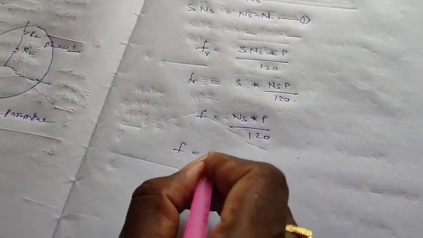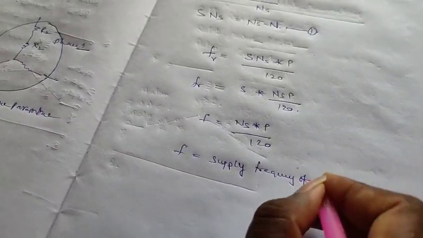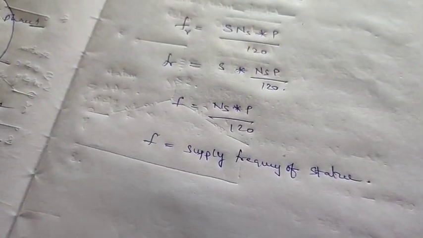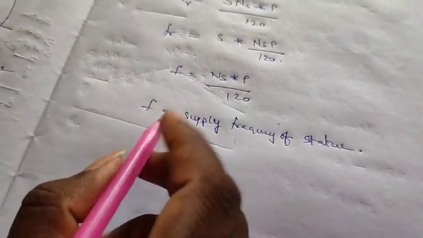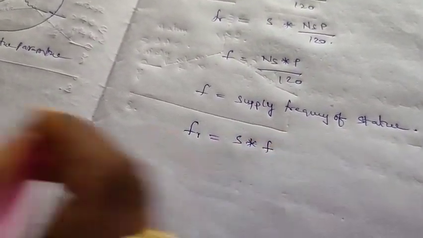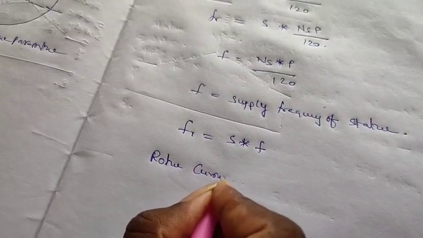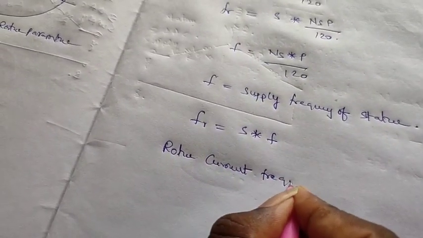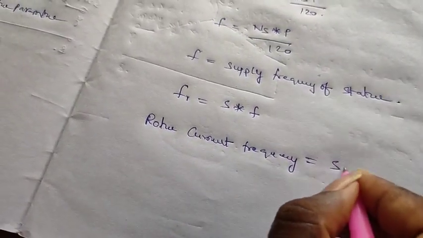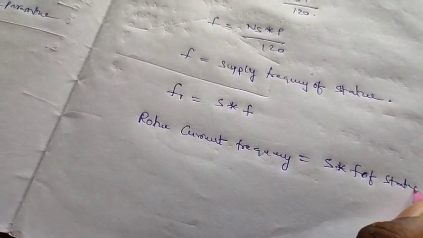So f is equal to the supply frequency of stator. So fr is equal to s into f. So rotor current frequency equals slip times frequency of stator.